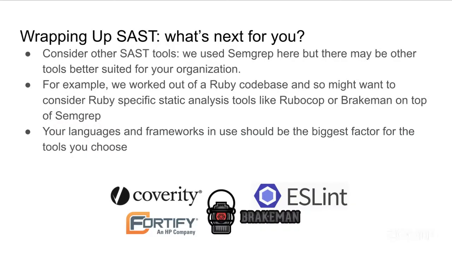You might use Fortify or Coverity if you work somewhere that uses C++. A lot of these tools will work better for some programming languages than others. Part of being a good security practitioner is knowing that there is no one size fits all. You need to find what works for your programming languages, your developers, your organization. It's different for everybody.